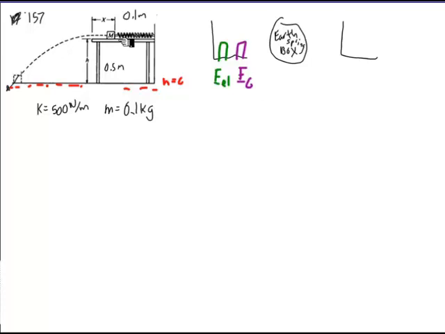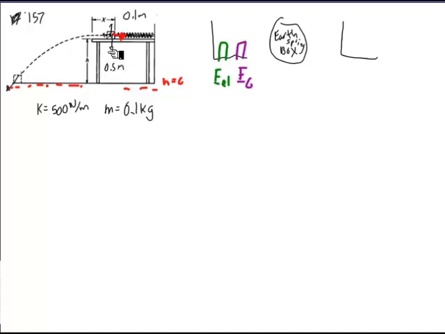But then we have to think about the forces that act on the box. Well, there's going to be a normal force up, a gravitational force down, a spring force that pushes it forward, and a frictional force that pushes it back.